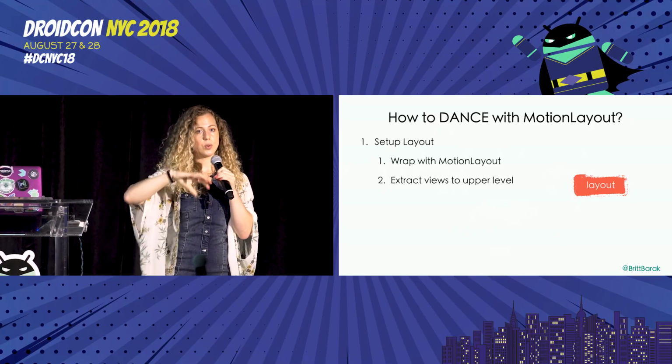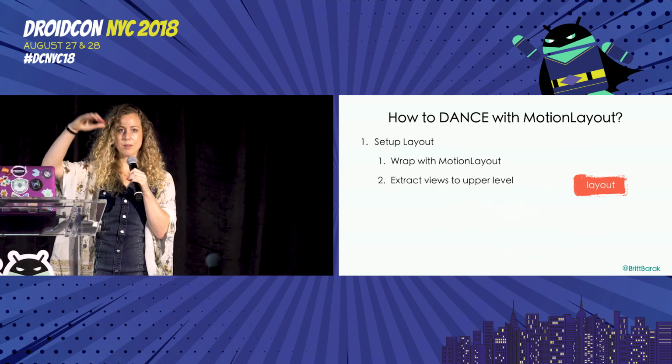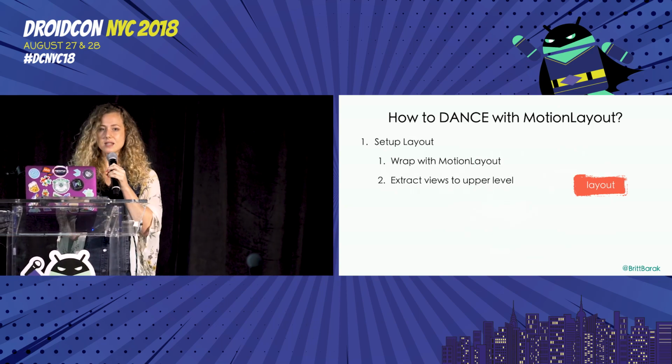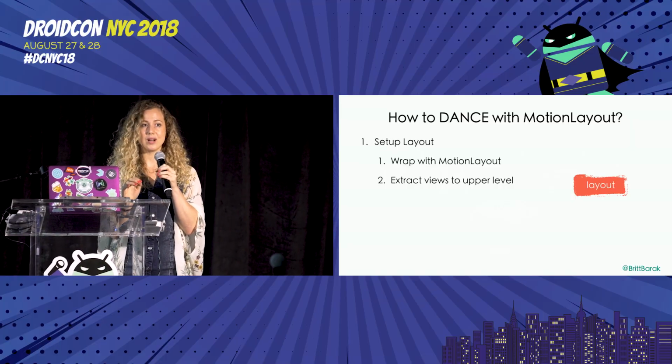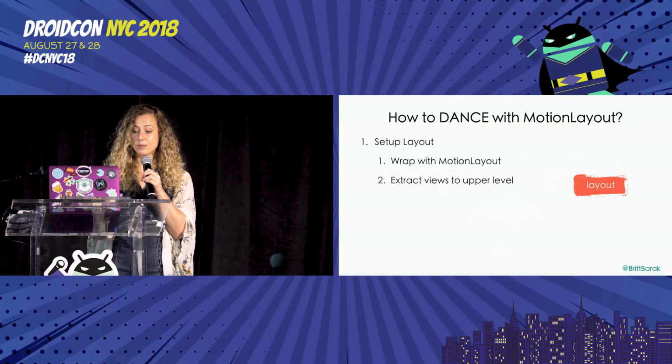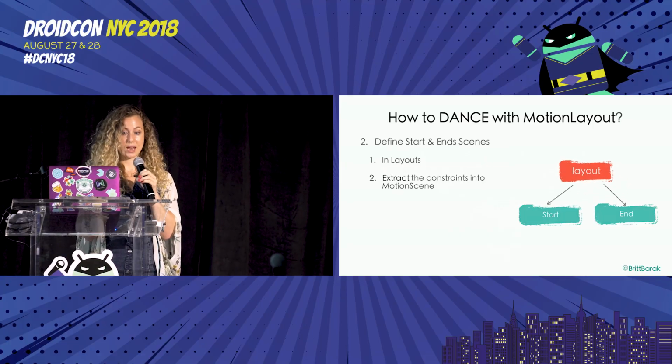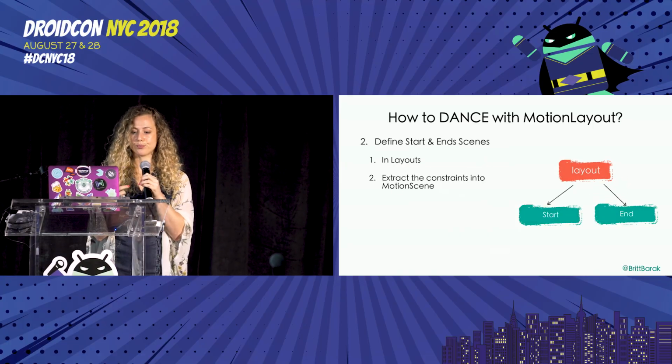And then one by one, when it makes sense, just take them up and define the constraints for them. Honestly, my layouts were pretty complex, and it became pretty easy when I knew which ones I wanted to animate and have the motion for.